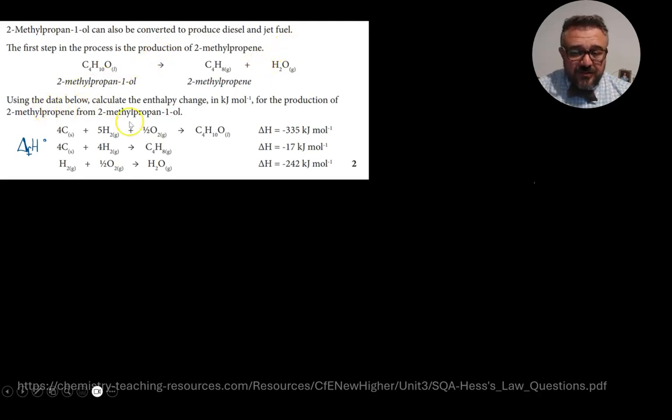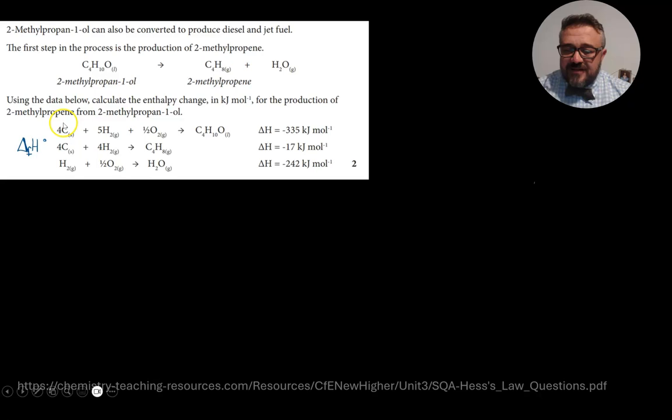Using the data below, calculate the enthalpy change, and you'll see that they've given us a bunch of equations. Here we have 4 carbons plus 5 hydrogens plus half an oxygen goes to 2-methylpropan-1-ol, because it's up here. And here we have what's used to make the 2-methylpropene, and here we have the steam.